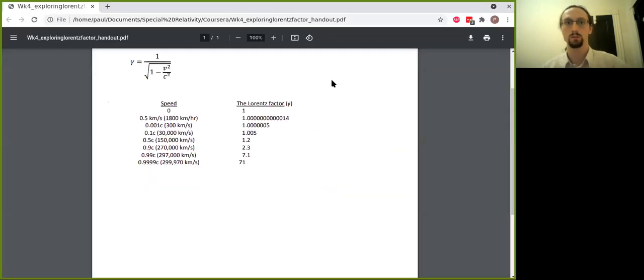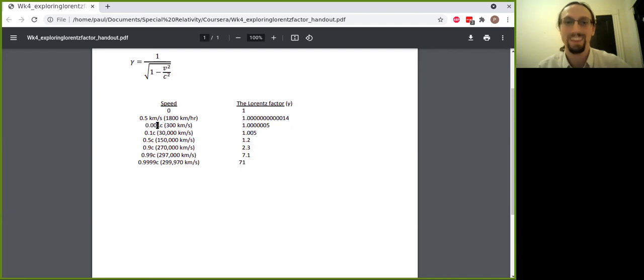Let's explore this Lorentz factor a little bit. We look at different velocities or speeds and what the corresponding Lorentz factor is, right? Speed 0, 1, that makes sense. We're going kind of fast, right? That's 1,800 kilometers an hour. But the Lorentz factor is still tiny. We think of that as fast in our everyday life, but I don't know how many zeros that is, it's a lot of zeros before that 14.